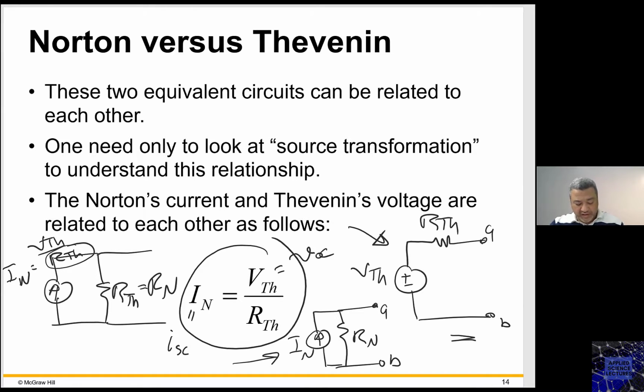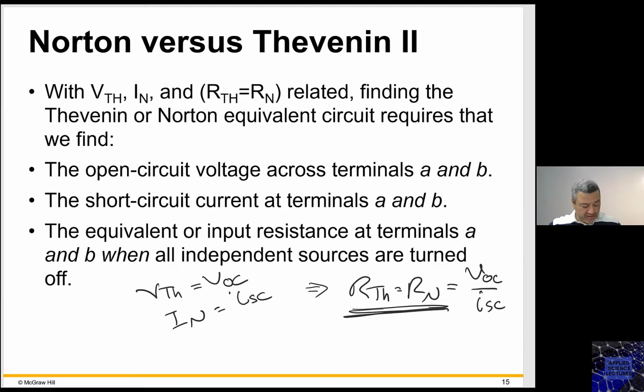So R Thevenin is the V open circuit divided by the I short circuit, which means that for the circuit where we hooked up a voltage source at its output, I could have shorted the output and calculated the short circuit current there, and then found the R Thevenin to be the V open circuit that I already calculated divided by the I short circuit.